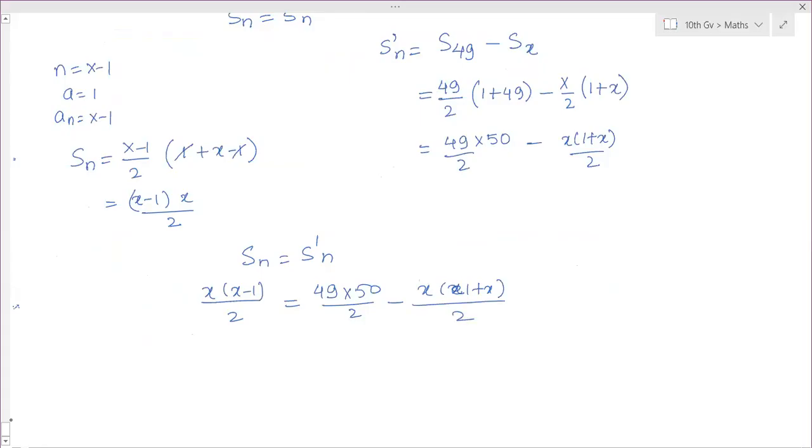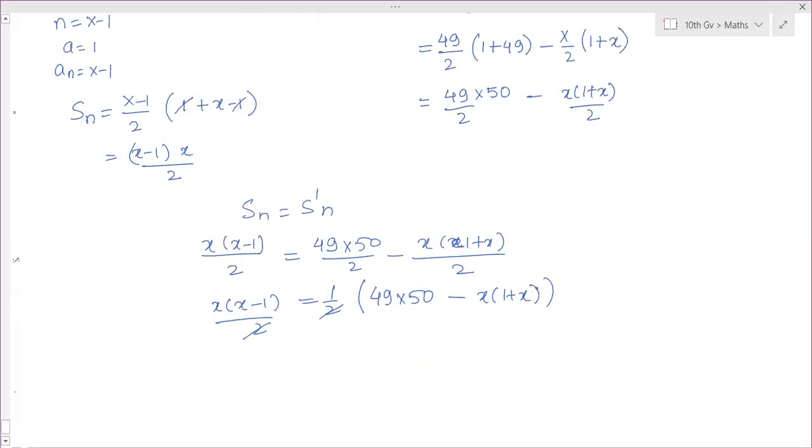Now we can take 1 by 2 common, so the 2 cancels from everything. It will be left with 49 into 50 minus x into 1 plus x is equal to x into x minus 1. Now take this part of x from the RHS to the LHS.